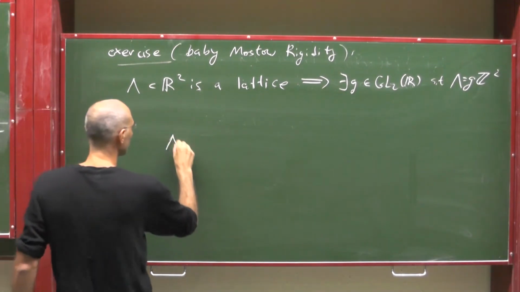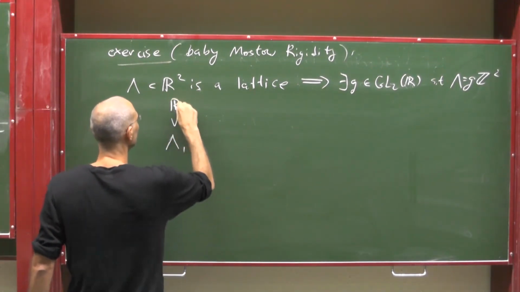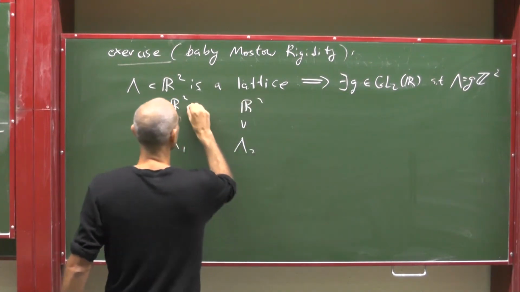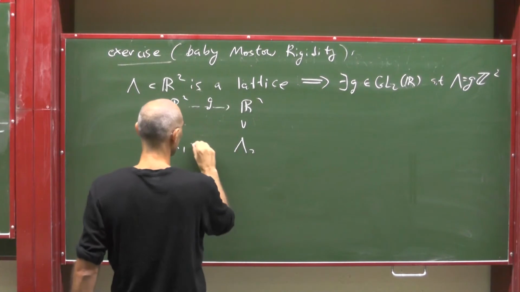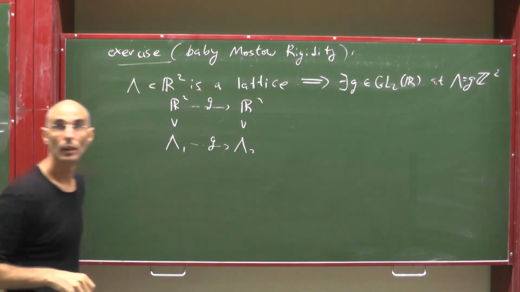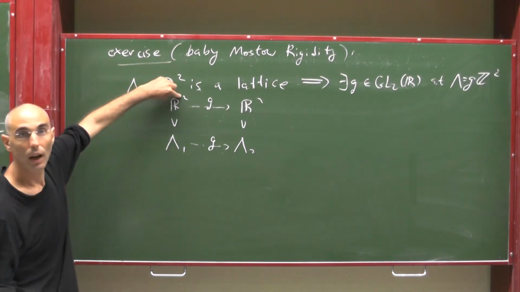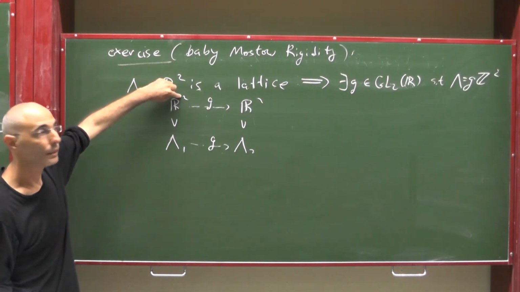Or if you have lambda 1 in R2 and lambda 2 in R2, two lattices, I can find something like this.